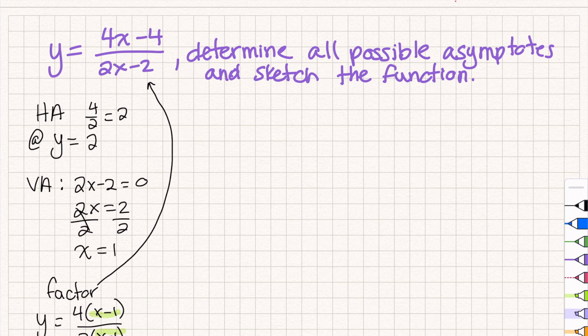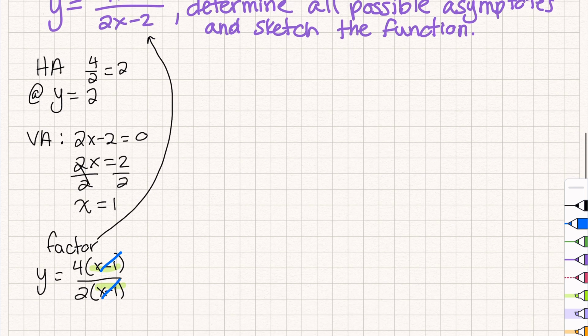We can cancel these both out, which means there is a hole. So rather than there being a vertical asymptote at x equals 1, there's going to be a hole at x equals 1. So let's see what that looks like.